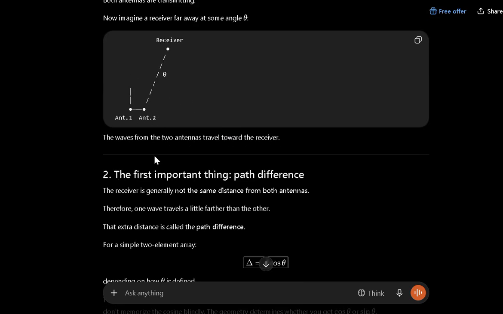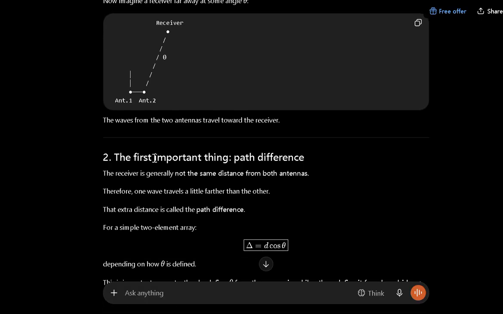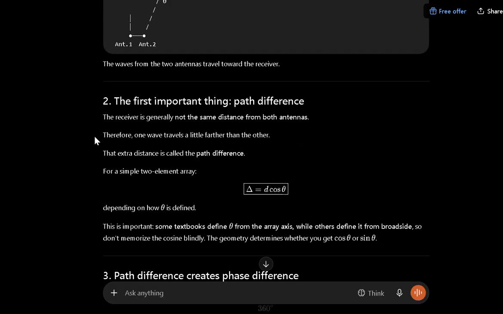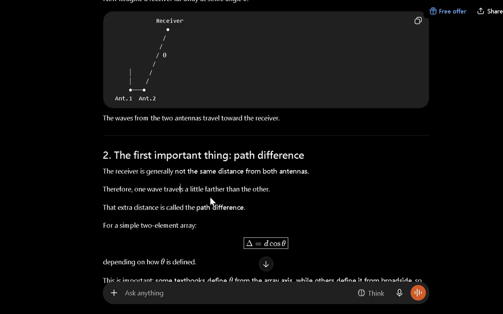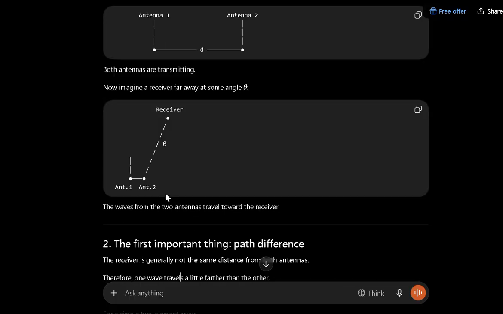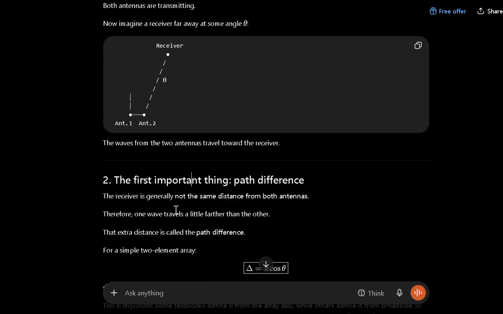So, a two-element antenna array, and here, the first element: path difference. The receiver generally is not the same distance from both antennas. For antenna 1 it is not the same distance as from antenna 2. Therefore one wave travels a little farther than the other. Let's say this is nearby, antenna 2, so its wave travels a shorter distance than the other.